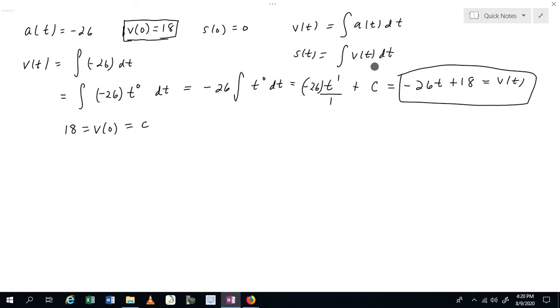Now that we have the velocity function, we can find the position function just by finding the antiderivative of the velocity function with respect to time. If you want to rewrite the 18 as 18 times t to the 0, that might be helpful.